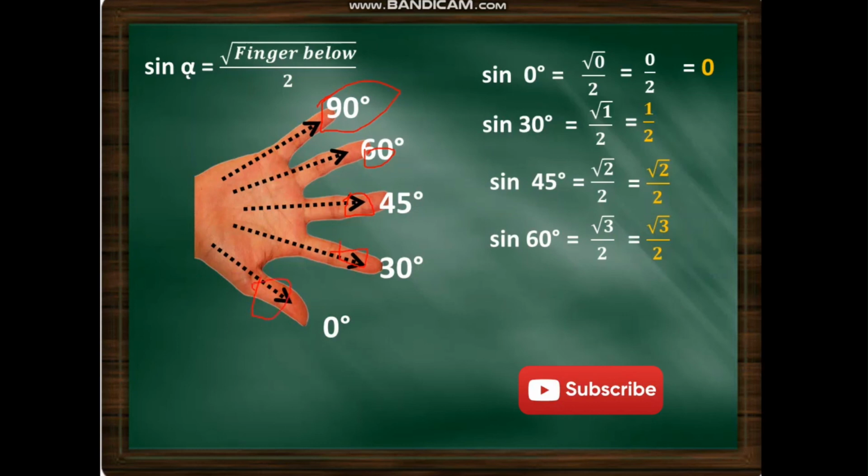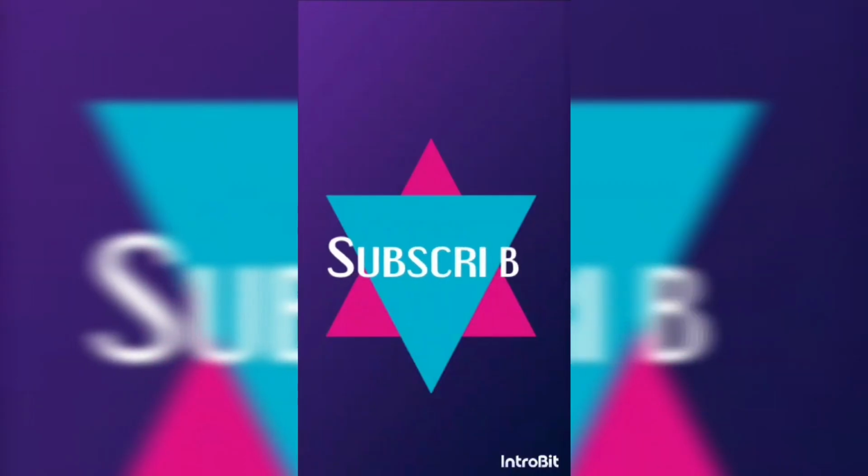Ibig sabihin nun, yung 3, papalitan lamang po natin ng 4 para sa 90 degrees. And therefore, sine 90 degrees is equivalent to the square root of 4 over 2. And the square root of 4 is equals to 2. Then 2 divided by 2, that is equals to 1. And that is our final answer.